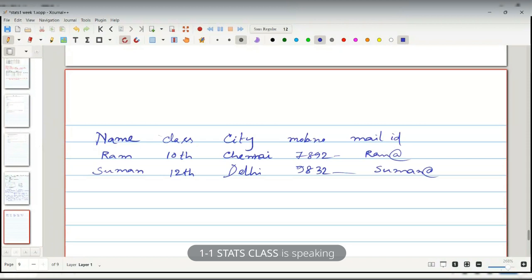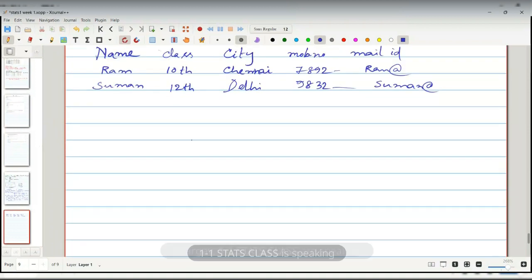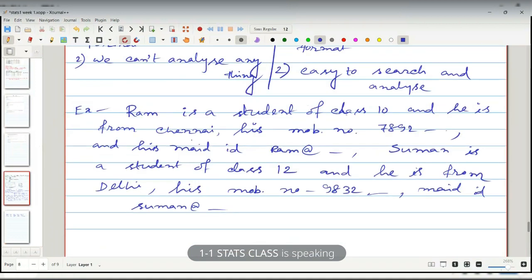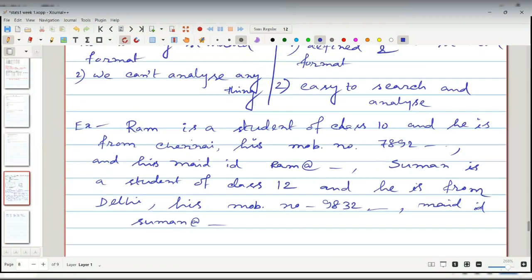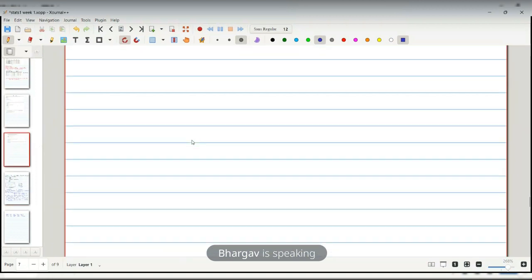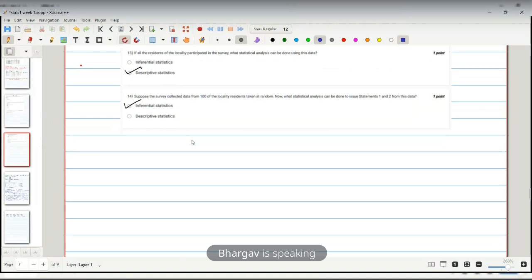Now from this dataset, you can easily tell me from which city Ram belongs to, right? So this is our structured dataset and this is our unstructured dataset. Clear? This is clear? Yeah. Okay.